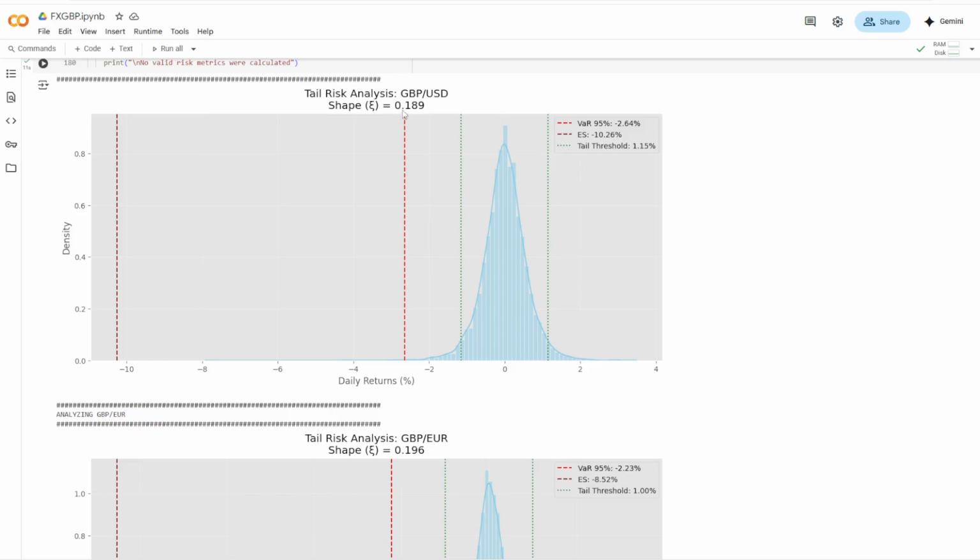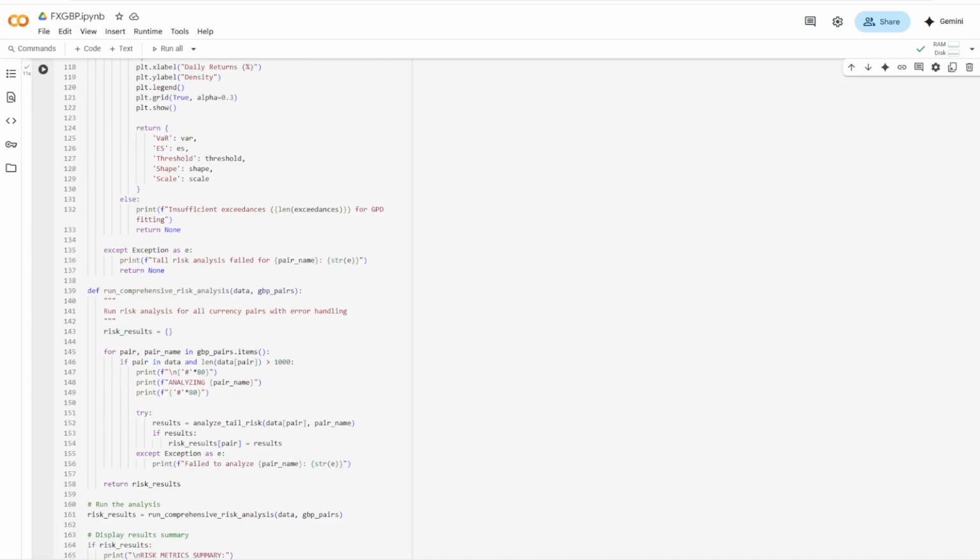For example, the red line here is the VAR 95. So there is a 5% probability. So the tail threshold, I'm not sure it's the 90%. I don't want to say anything wrong. So the VAR 95 here, the tail risk analysis, is a bit larger because, let's compare it.